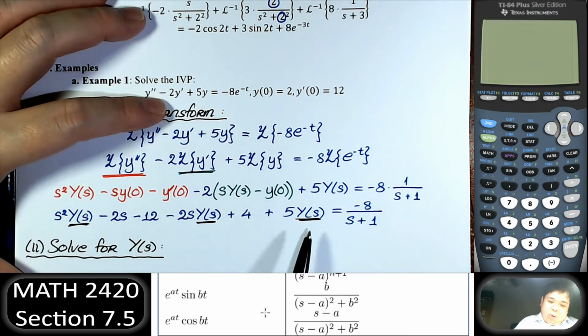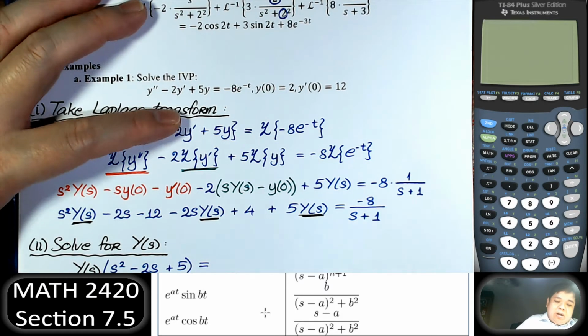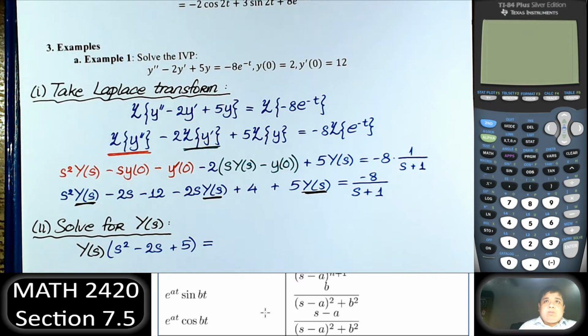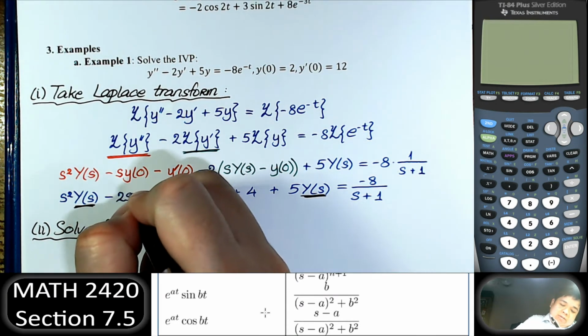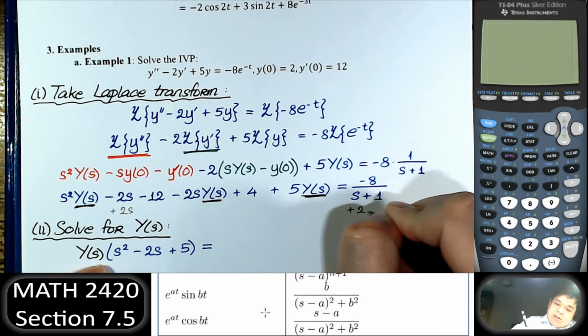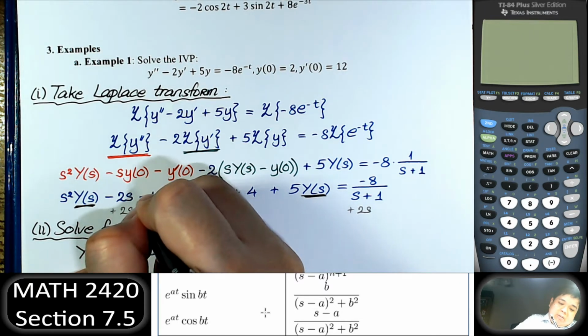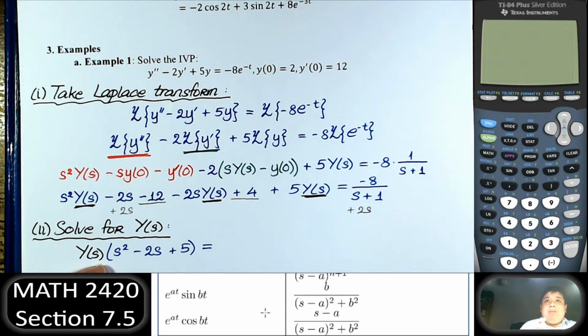Right, now we factor out y sub s. We're left with s squared minus 2s plus 5. Right, now what's left, we can move to the other side, so we have negative 2s. Let's add 2s on both sides, and here we have minus 12 plus 4, that is minus 8, right?